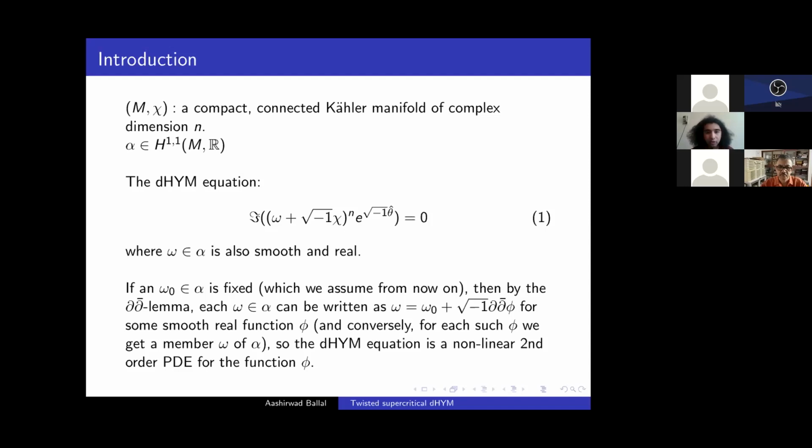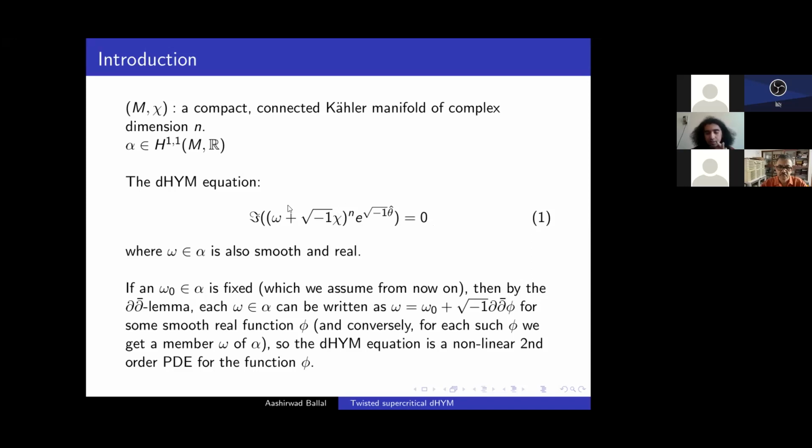So we have a compact Kähler manifold of dimension n, and we have a (1,1) real Dolbeault cohomology class. And the equation we wish to solve is this one: the imaginary part of (omega plus i chi) to the n is equal to 0.